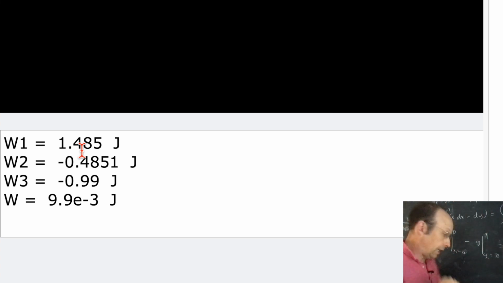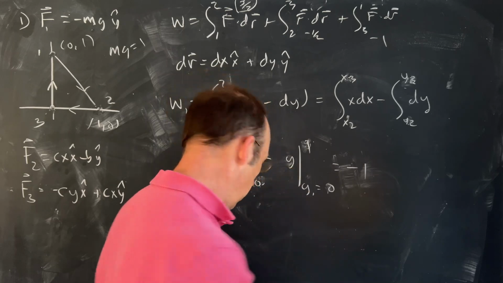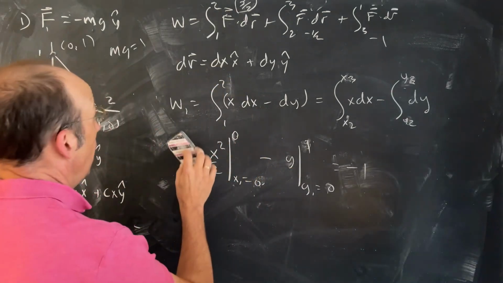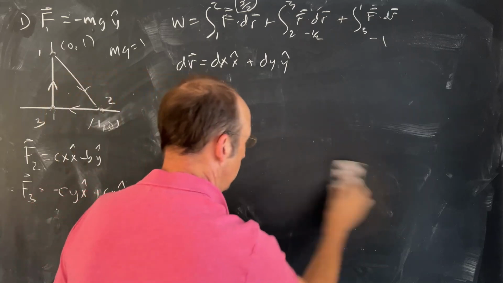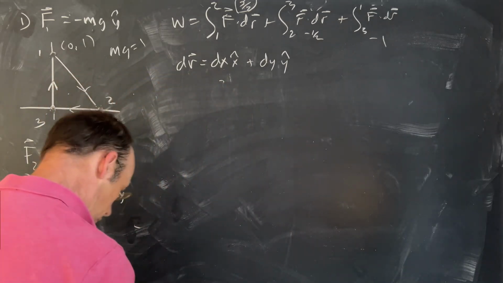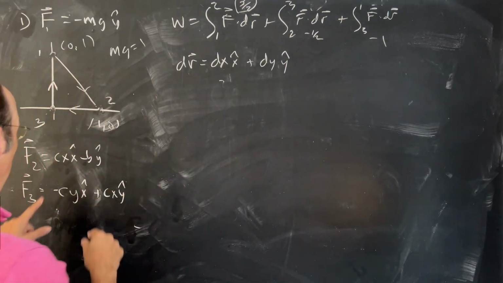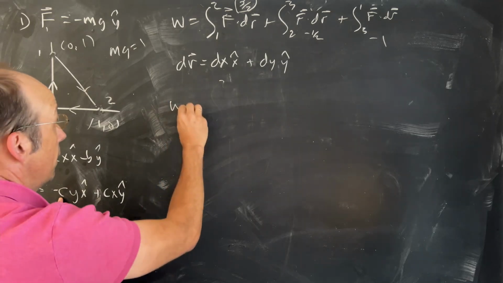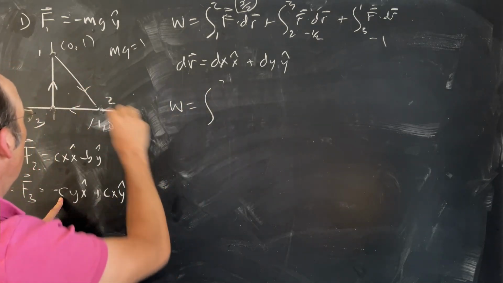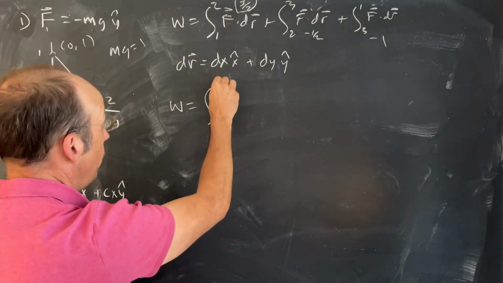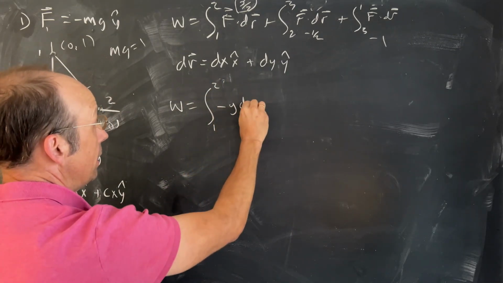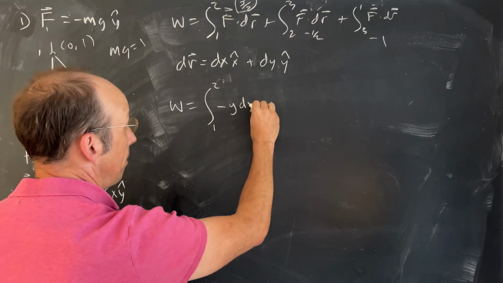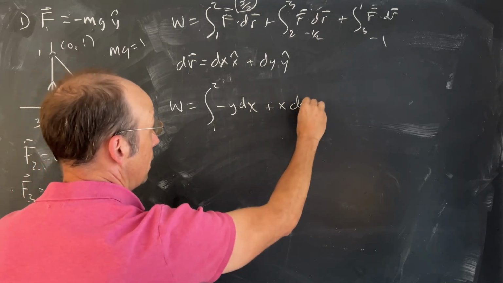Now let's do the last function, which is going to take a little bit of tricks. That's still my dr. Where's my chalk? Okay, there it is. But now this is my function. So work is going to be equal to, the first one is the integral from point 1 to point 2 of f dot dr. So it's going to be negative y dx plus x dy.